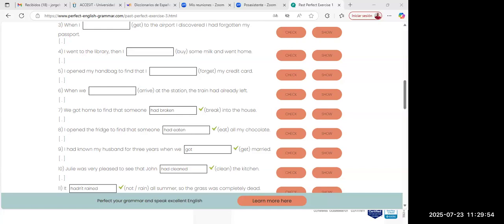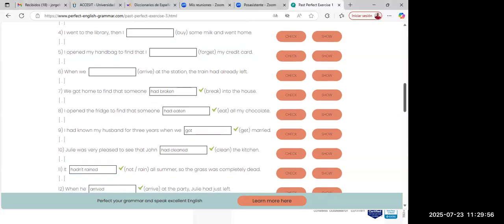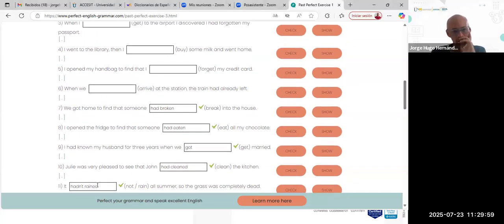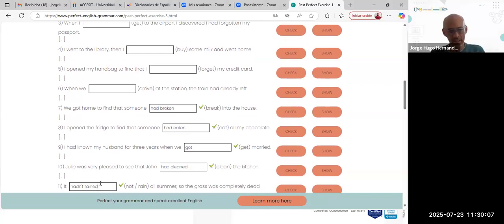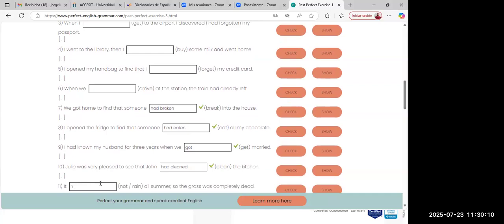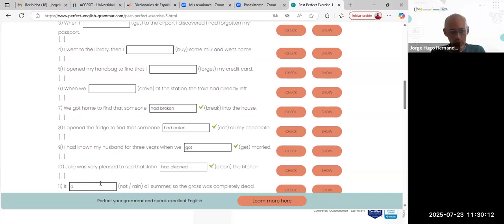In this, I put it hadn't rained. Yes. So the grass was completely dead. Okay, here, if we are using a simple past, for example, rained is simple past, but we are going to make the sentence in negative form, we have to use didn't rain, okay? That's simple past, affirmative, negative.